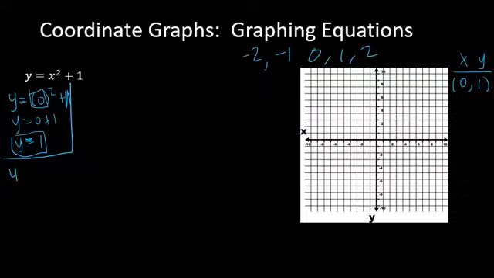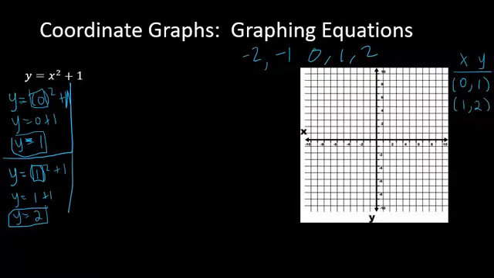I don't know why I'm doing so badly today with the math. Okay, let's do 1 this time. Plus 1. So y equals 1 squared plus 1, which is 1 plus 1, which is 2. That's my answer, and that's my x, so it gives me 1 and 2.